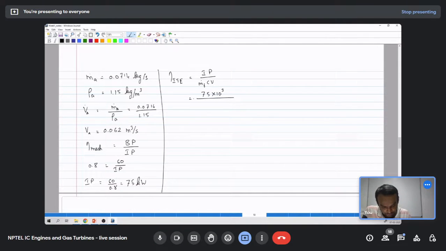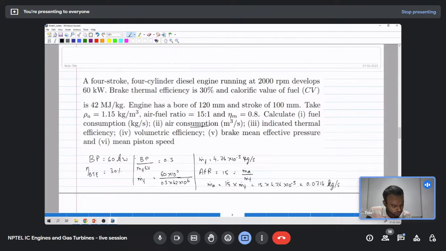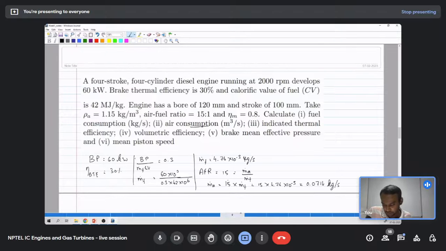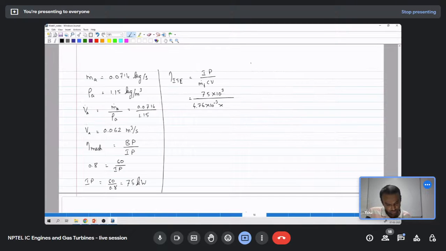For the m dot f, we had 4.76 into 10 power minus 3, into calorific value, which is given as 42 into 10 power 6 joules per kg.